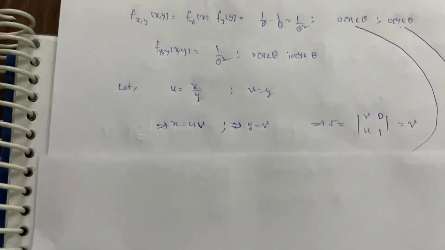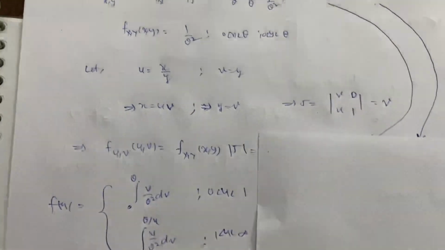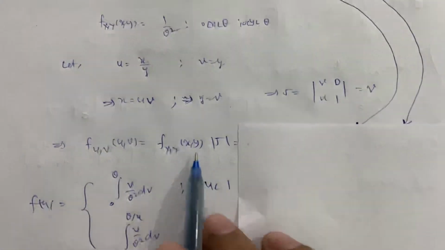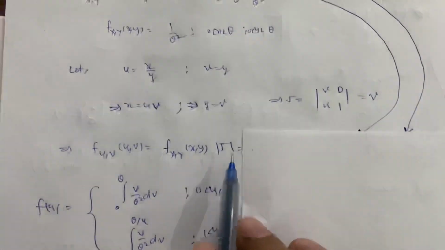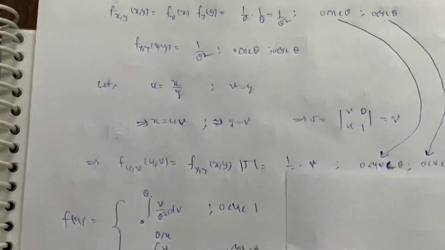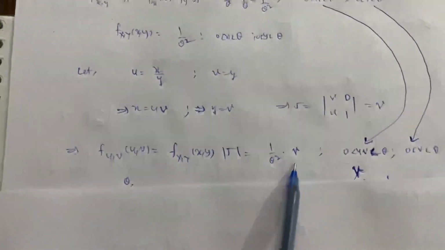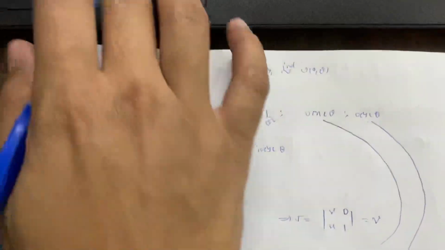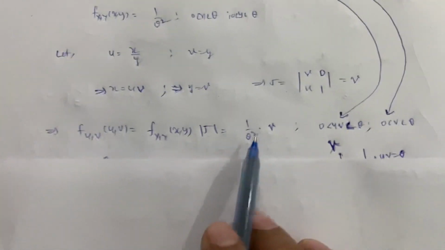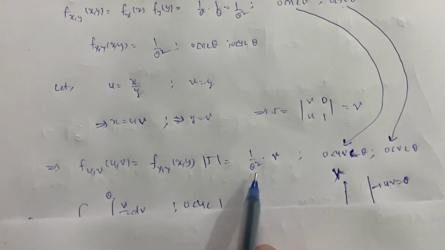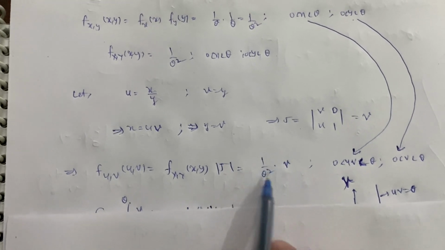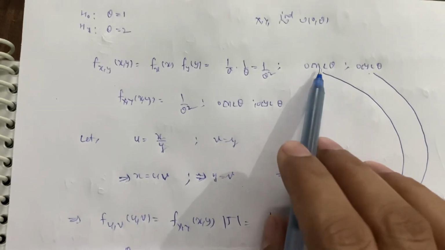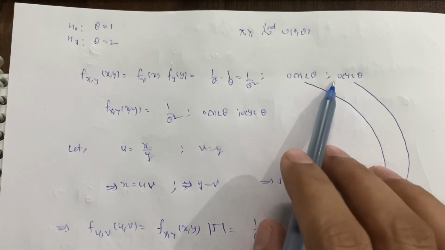Now the joint density of U, V will be the marginal density of X, Y times the Jacobian. So Jacobian is V, so write V, and the marginal density of X and Y is 1/θ². So put it here, and we are getting V/θ² as the joint density of U and V, and the limits of X and Y are like this.